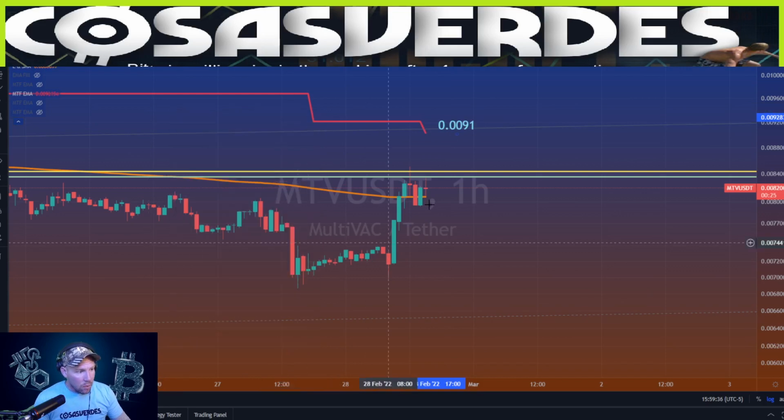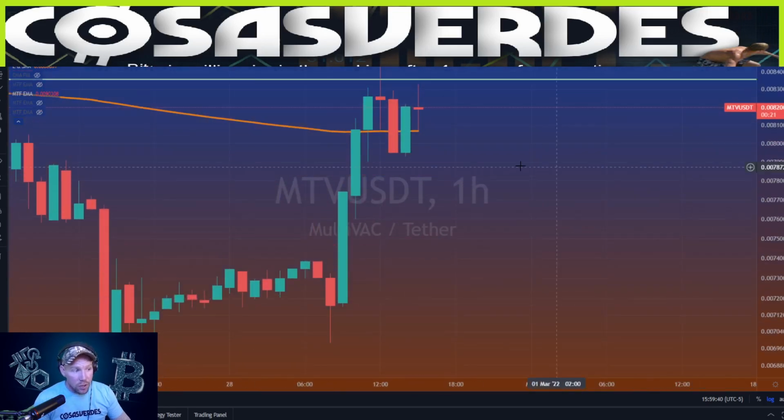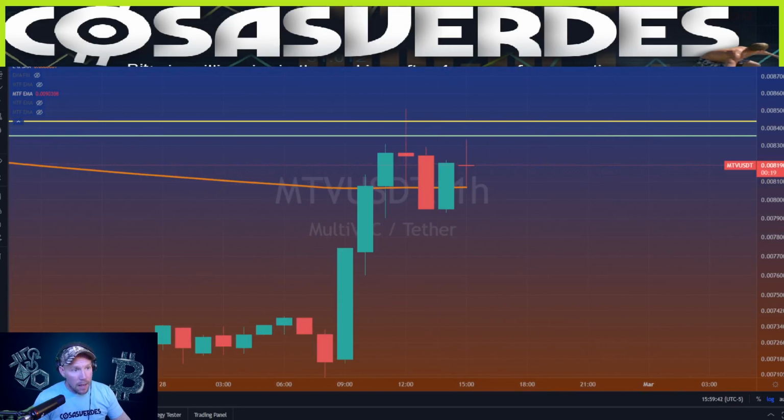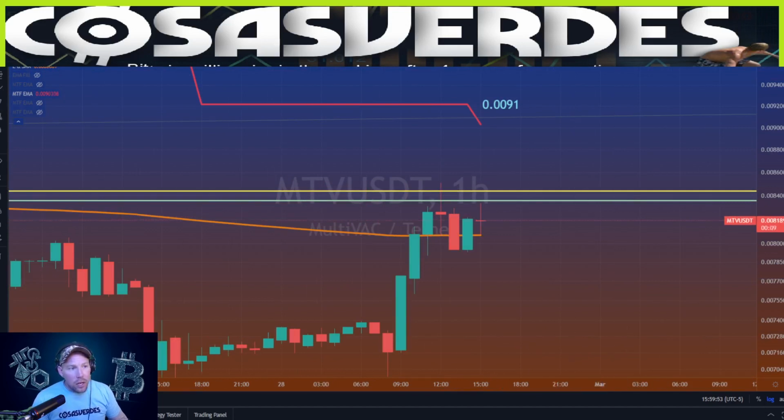It looks like Multivac is going to want to come up here and test that, specifically because you can see, look, it is using this as support right now, this key line, and it looks like it's going to get above here. And the way it gets up to 0.0091, it could get a little ugly.